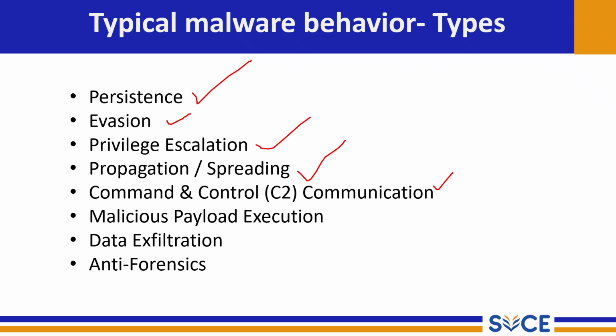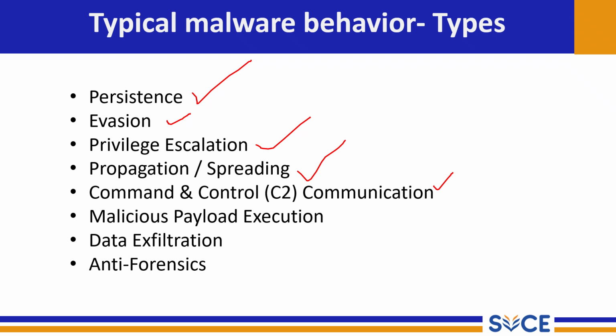Next is exploiting the data. Here the malware often steals sensitive data from the infected system and sends it to the C2 server. This data can include usernames, passwords, credit card numbers, personal documents, and other confidential information, right?